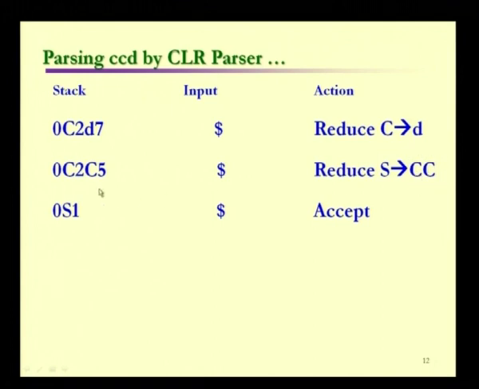We pop 4 symbols, that is this 5, this C, this 2 and this C, leaving 0. And 0 comma S in the goto gives us 1, so 0 S is 1 and dollar is on the input. So 1 comma dollar is going to be the accept action. Since we have reached the accept action, we claim that the string CDD is successfully parsed by the canonical LR parsing technique.